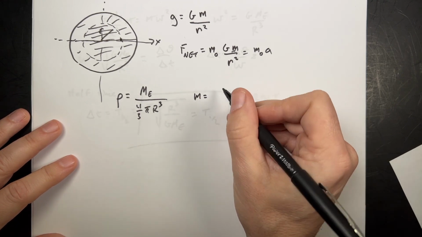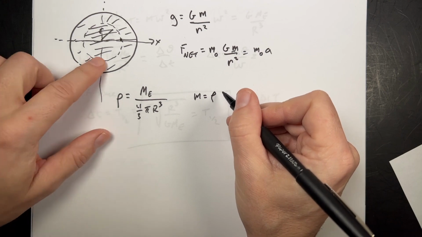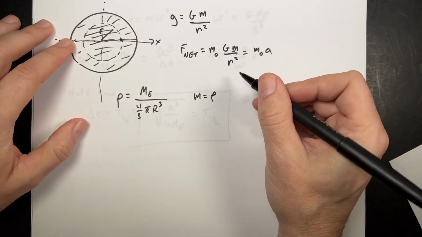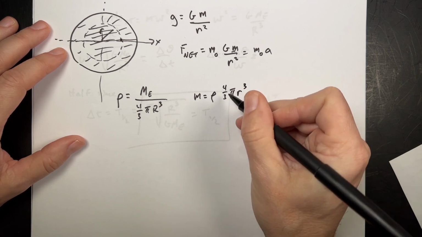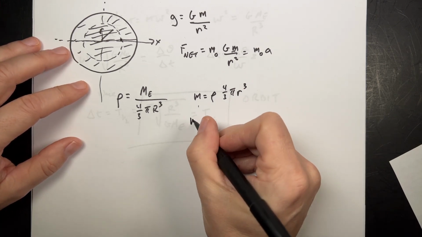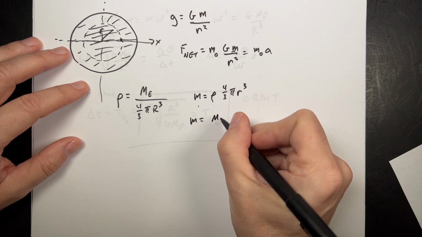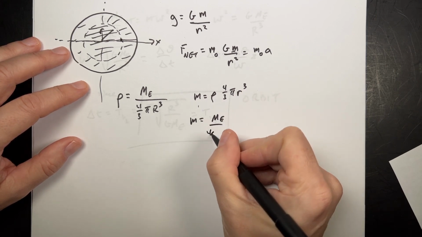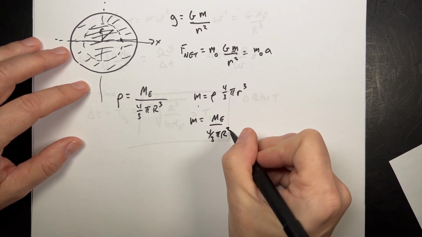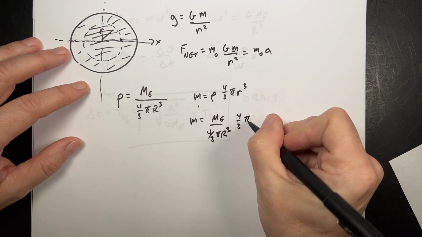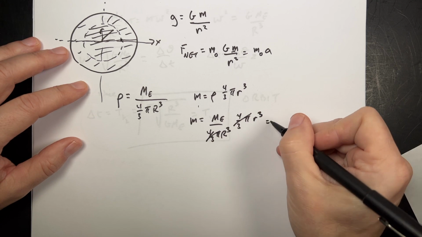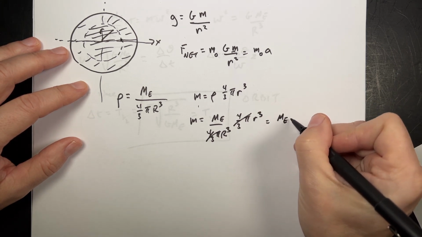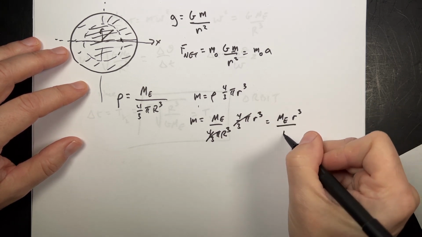It's just going to be the density of the Earth times the volume of this sphere, which is going to be 4/3 pi little r cubed. So if I put those together, I get mass is the mass of the Earth over 4/3 pi R cubed times 4/3 pi r cubed, and those cancel. And I get the mass of the Earth times r cubed over R cubed.